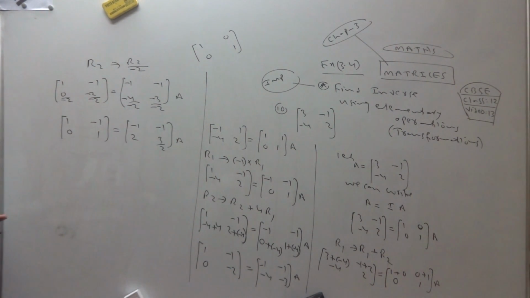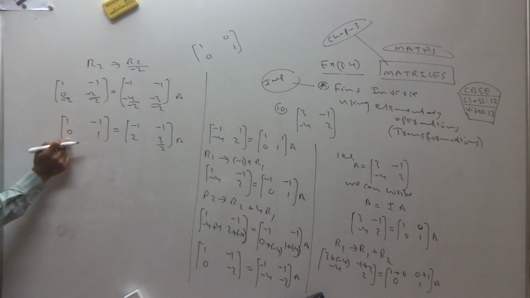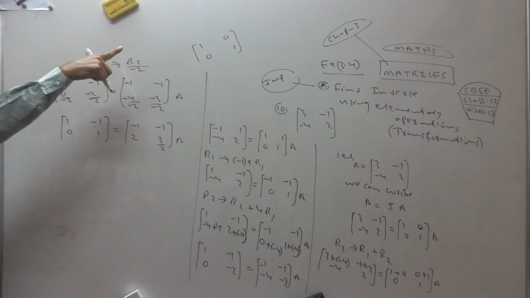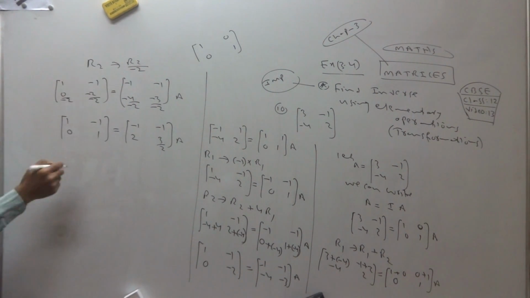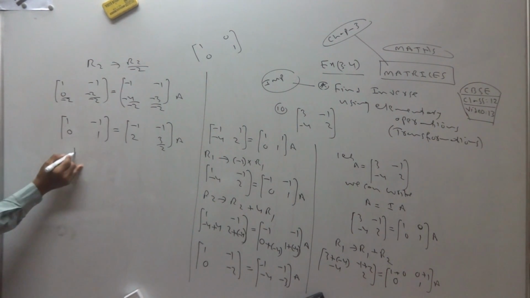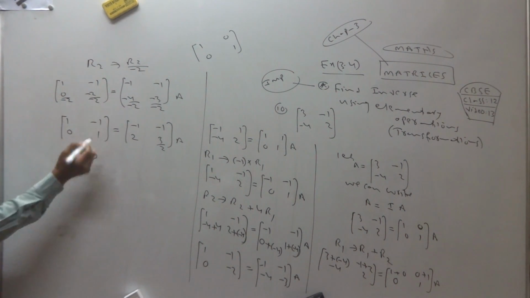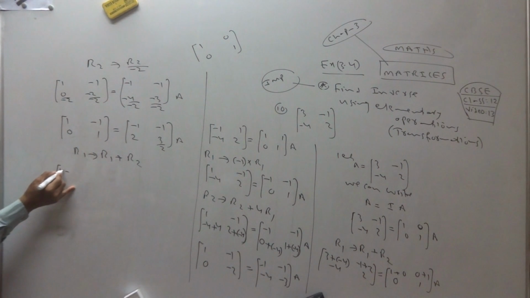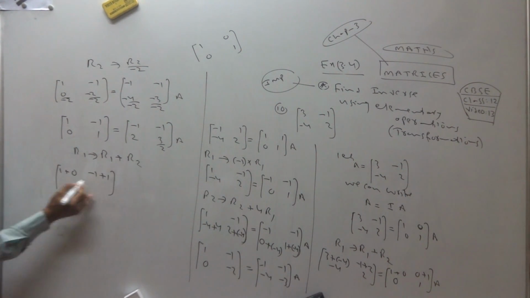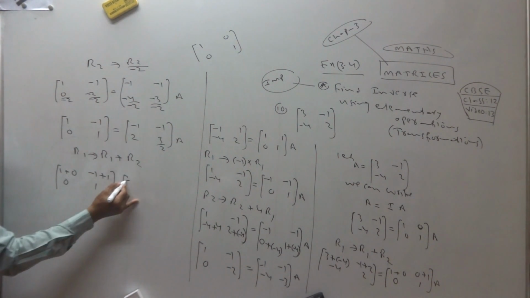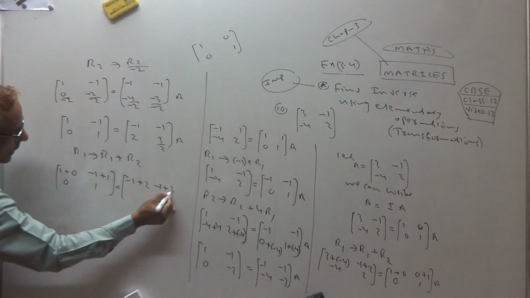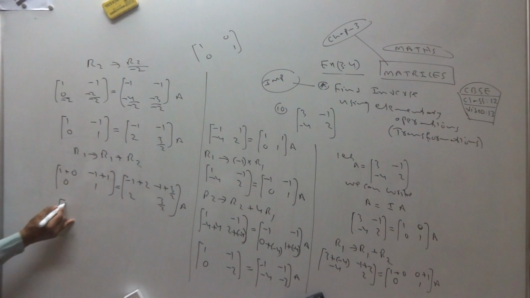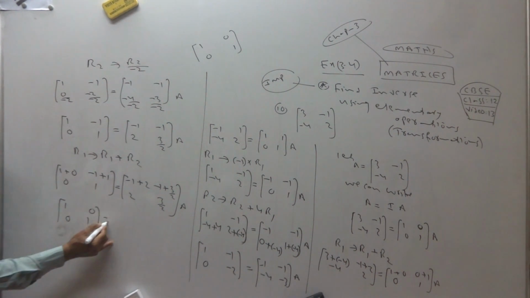Last step. Now I have to get 0 here, because you should get 1, 0, 0, 1. How can I get 0 here? R1 plus R2: 1 plus 0, minus 1 plus 1, and on the right minus 1 plus 2 is 1, minus 1 plus 3 by 2 is 1 by 2. So what I am getting is 1, 0, 0, 1.